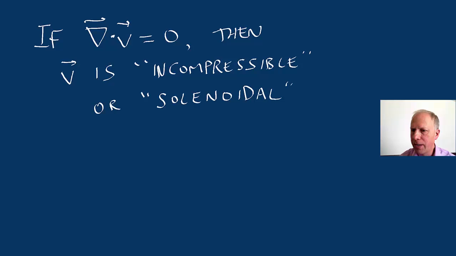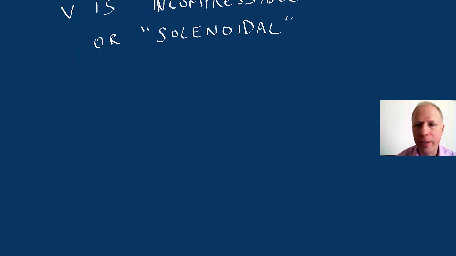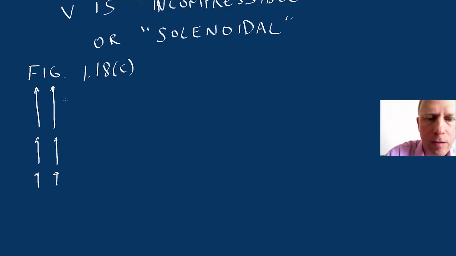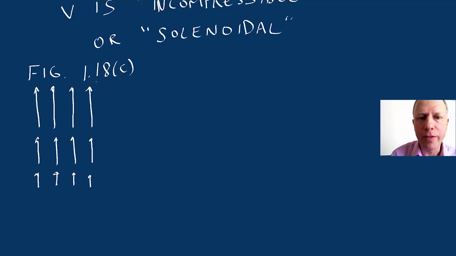I want to talk about the divergence in yet another way that's also mentioned by Griffiths. Let's consider figure 1.18c. It looks sort of like this. The vector V points upward everywhere, but as you move upward, the magnitude of V grows.